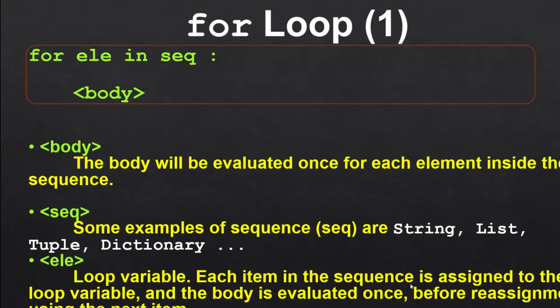Each item in the sequence is assigned to the loop variable and the body is evaluated once before reassignment using the next item. This looks a bit complex now, but we can talk a little bit more about it. Just to note that this LE here is just any variable name that you want to use. You can use i, le, letter, all is fine.